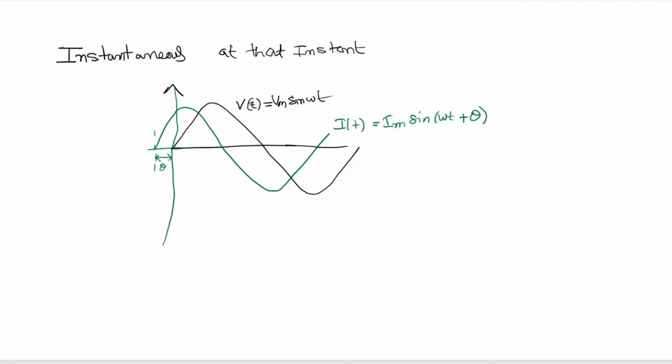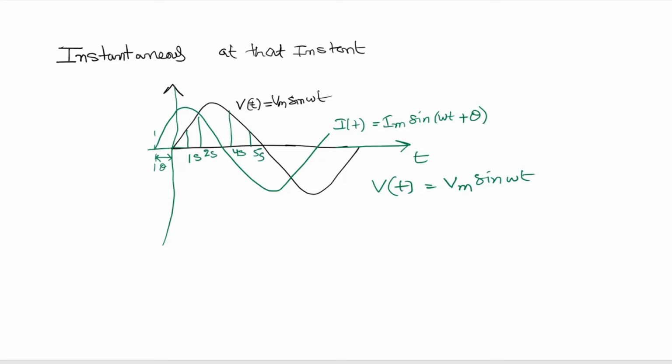Now, what is meant by instantaneous? Suppose this axis is t, time. Now, V of t is equal to Vm sin omega t. Now, tell me what is the voltage at t is equal to 1 second, 2 seconds, 3 seconds, 4 seconds, 5 seconds.